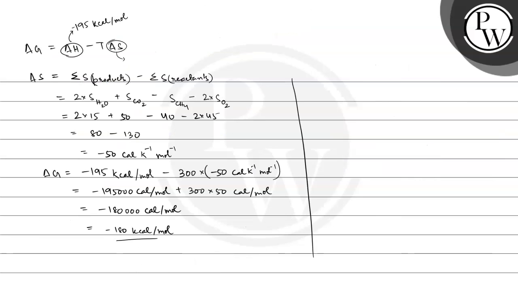Then for 0.1 mole of CH4, the work or free energy change, or delta G, will be number of moles multiplied by delta G naught.